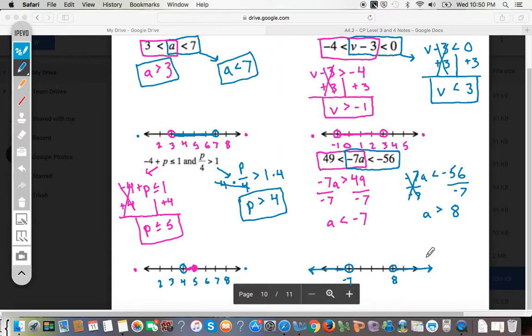So this is an AND statement. So this is saying a is a number that is less than -7, but also greater than 8. Is that possible? No, it's not. You can't have a number that's less than -7 on the number line, down here, that's also greater than 8 on this side of the number line.